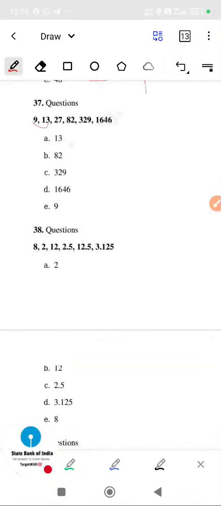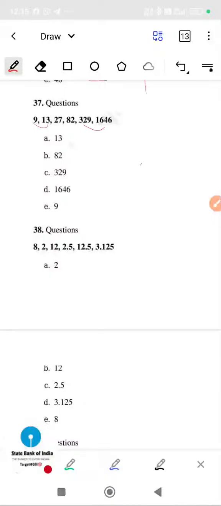Let's see the difference between these two numbers, which will be 4, and the next two numbers is 14, and the next two numbers we don't do these differences, because here the number is rapidly increasing.